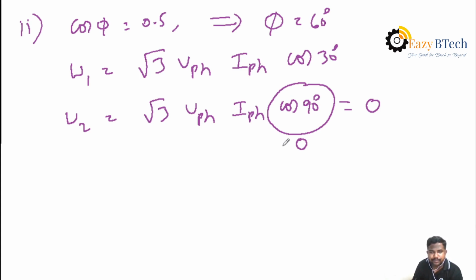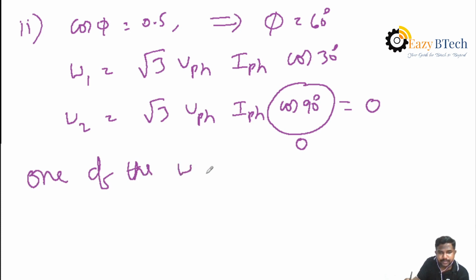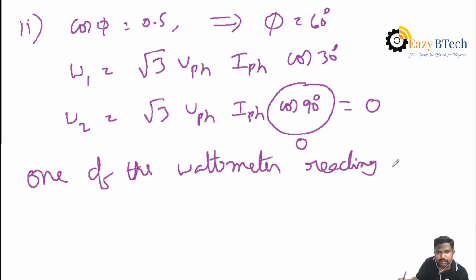That means in this case one of the wattmeter readings is 0. Okay, any one of the meters shows 0 reading when the power factor is 0.5.